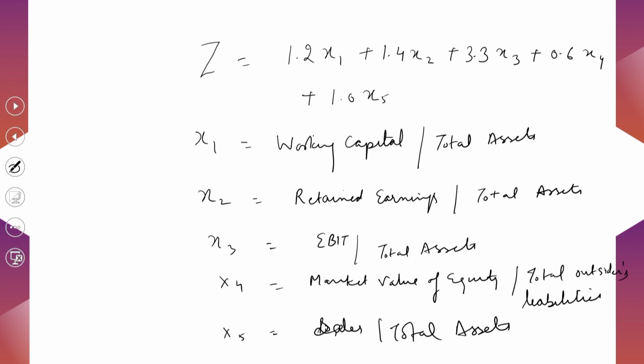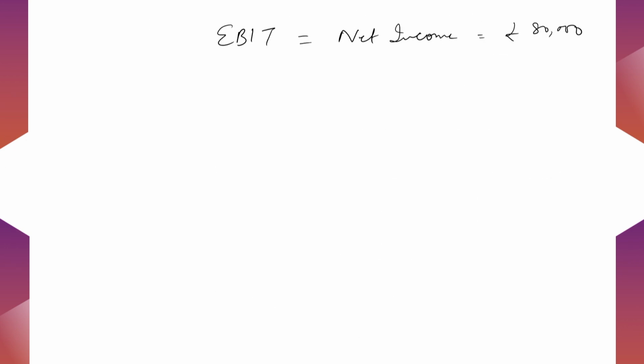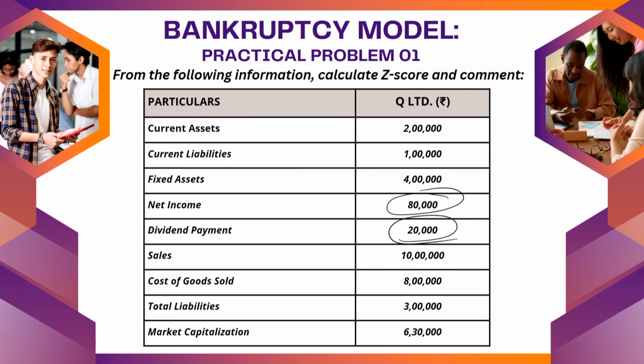Next we need the market value of equity and the total outsiders' liabilities. We first calculate the market value of equity, which is given in the question in terms of market capitalization, 6,30,000.